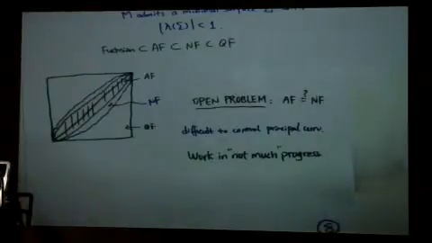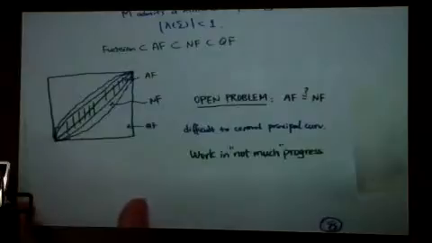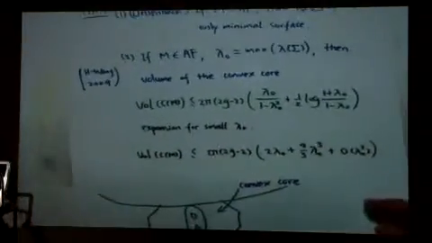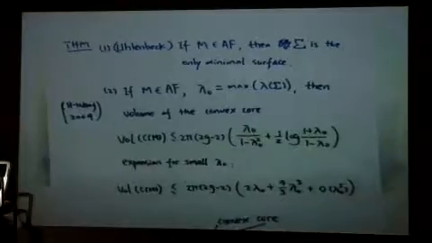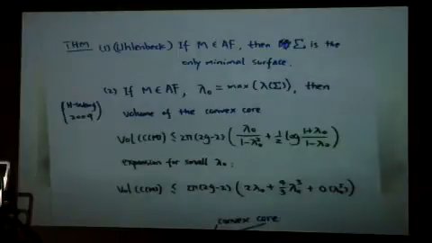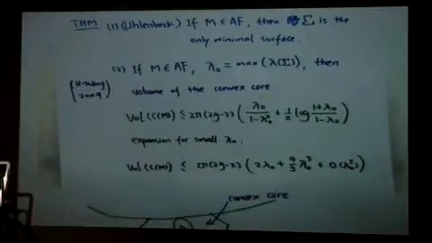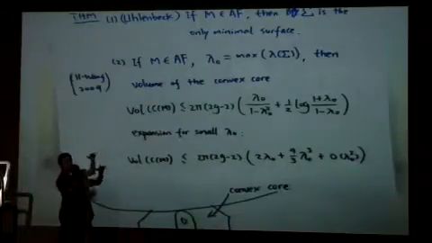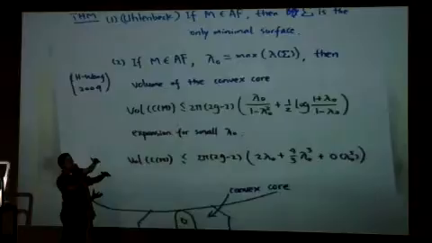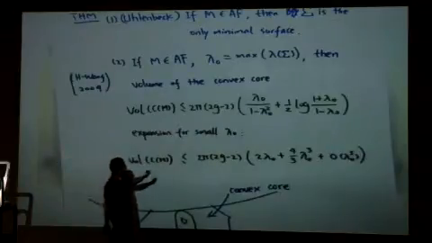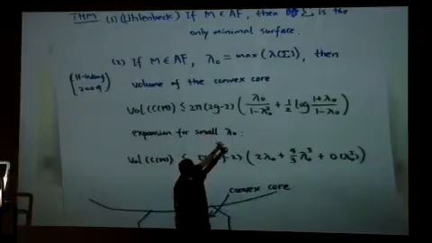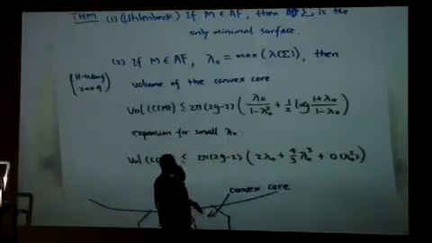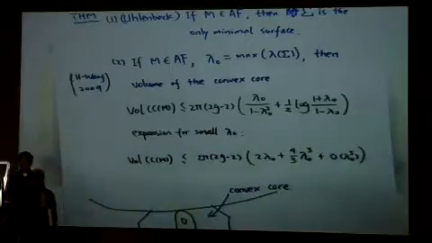Just to mention applications from minimal surfaces to what you know about hyperbolic geometry, here's a baby theorem. Uhlenbeck proved that in the almost Fuchsian case, that minimal surface is the only one you can find. In that case, we can show that if you look at the maximum principal curvature of your minimal surface, then you can bound the hyperbolic volume of this convex core, which contains all the hyperbolic geometry. There's an upper bound with the genus and some constant, and this is a function that only depends on this principal curvature.